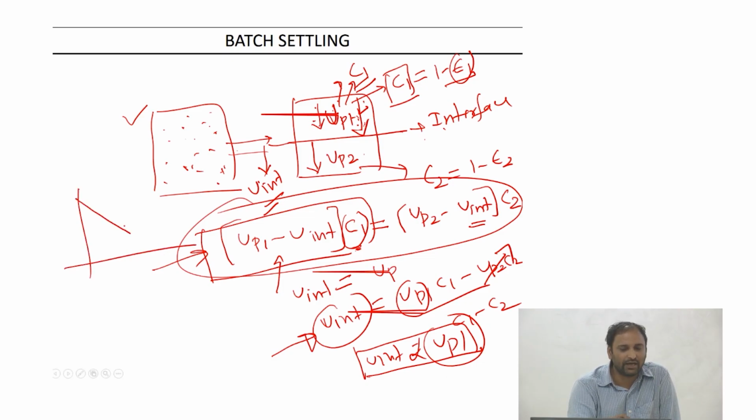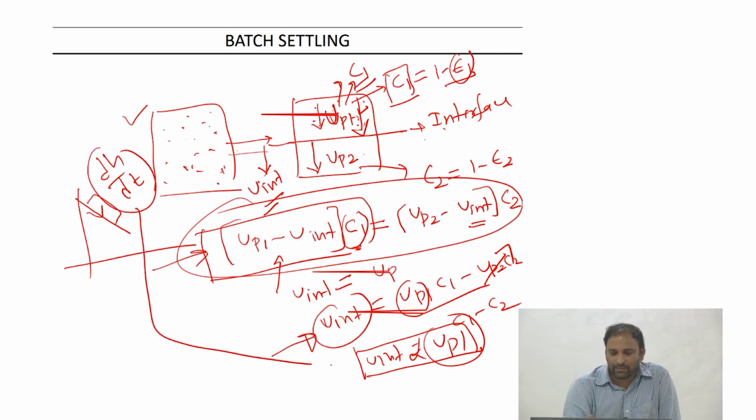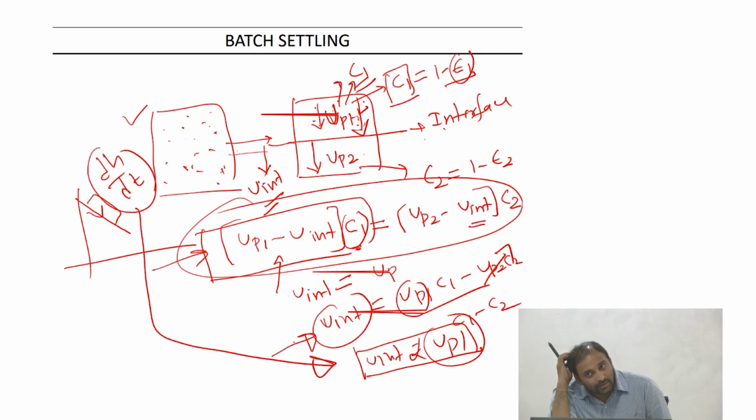If you look at the case where the interface was decreasing, all I do is take the slope, dh by dt, which gives me the velocity with which the interface is falling. That is exactly the same as the velocity of the particles that are settling.